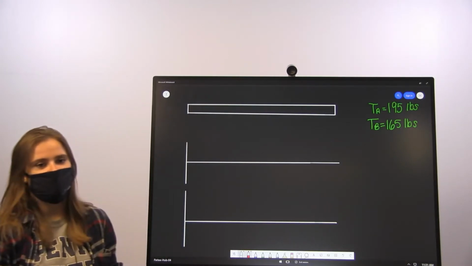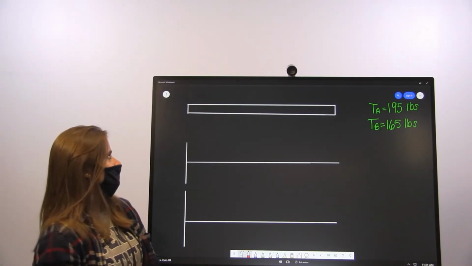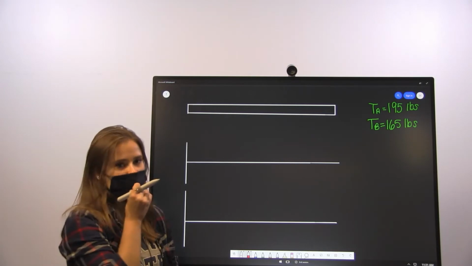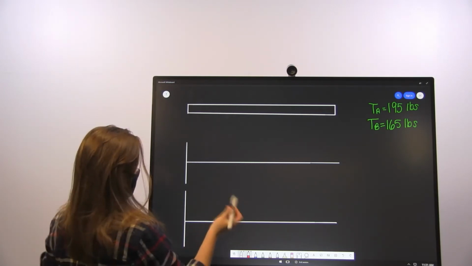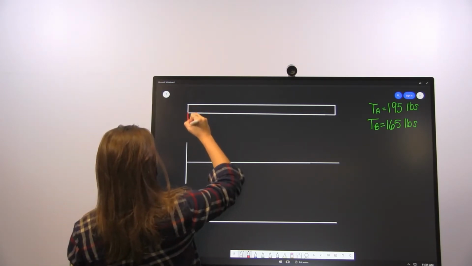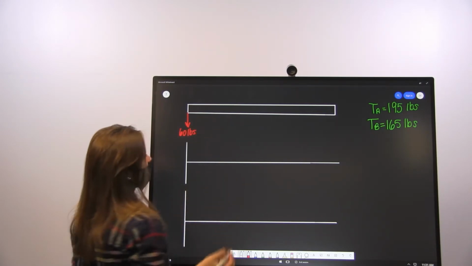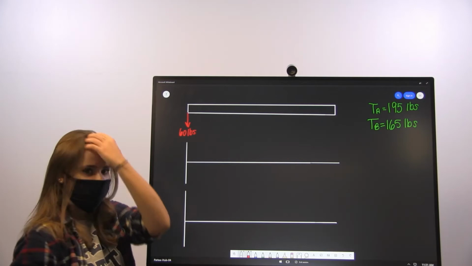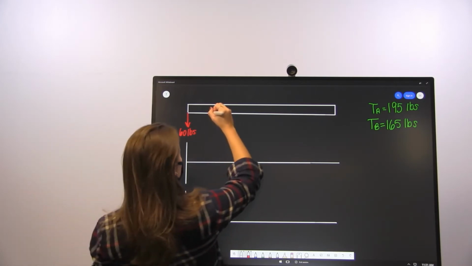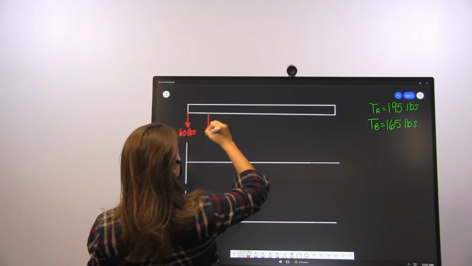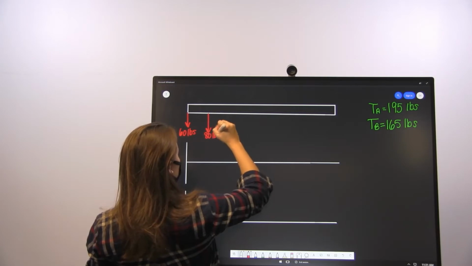Okay, so now that we found our tension A and tension B, it's a good idea to redraw our free body diagram. So we're going to have this downward 60 pounds. That hasn't changed. And then from there we're going to have downward 80 pounds.